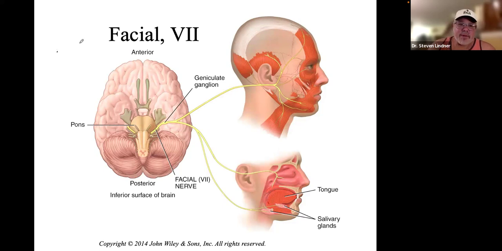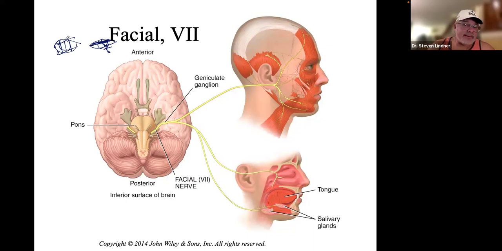If you remember back to cranial nerve 3, cranial nerve 3 keeps the eye open, but cranial nerve 7 shuts the eye. Just think of the number 7 with a hook. It closes the eye. Cranial nerve 3 helps to keep the eye open.